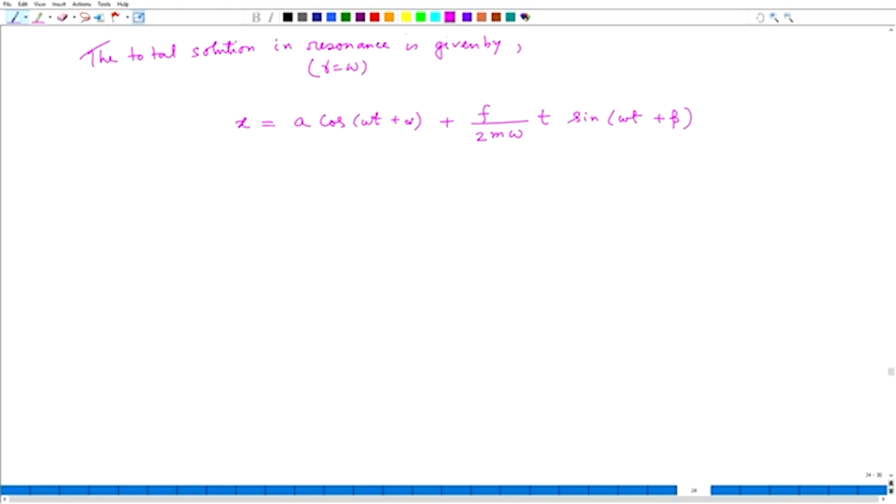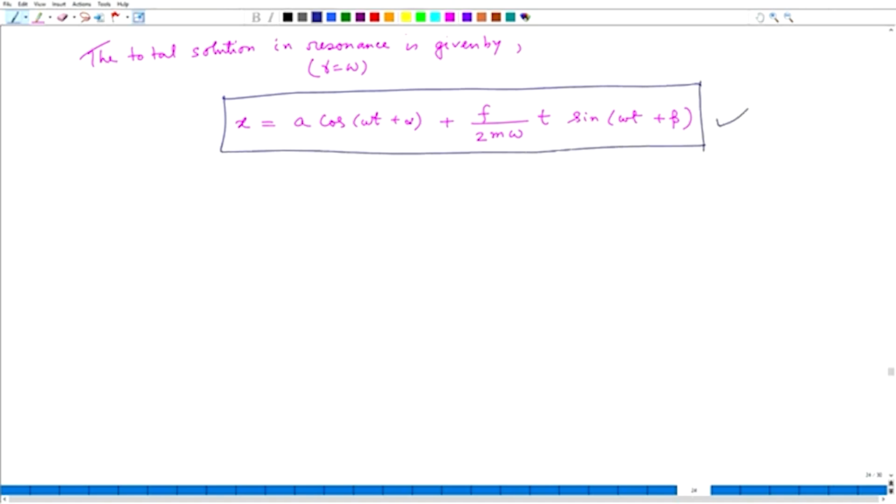And for every such expression in resonance, you can invariably change omega and gamma. So all the omegas can also be written as gamma. For example, you can also write a cos gamma t plus alpha plus f by 2m gamma t sine gamma t plus beta. That is also equivalent.